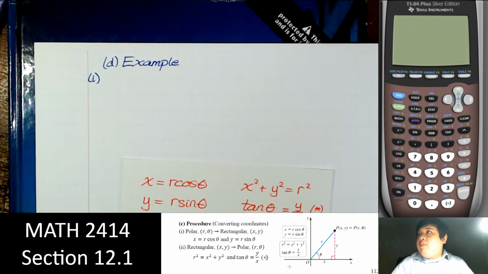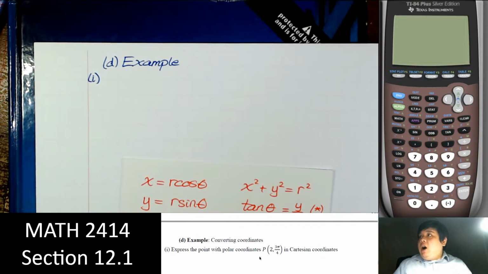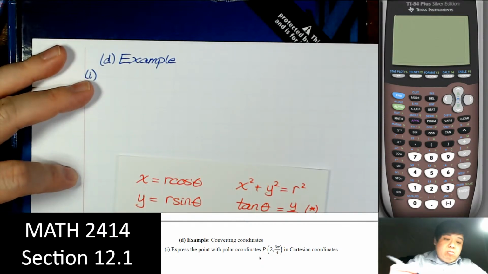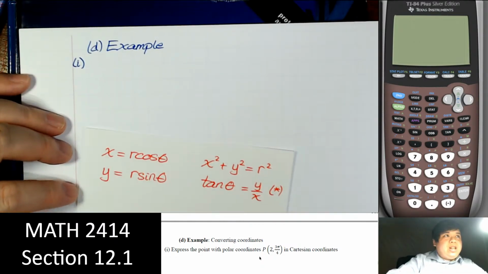First example, express the point with polar coordinates in Cartesian coordinates, which is rectangular.